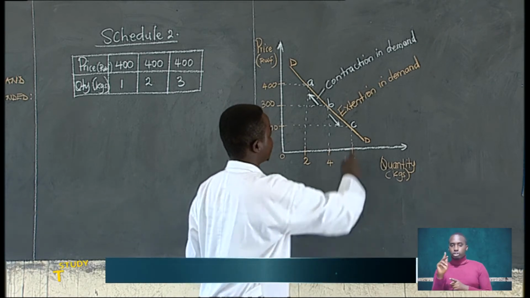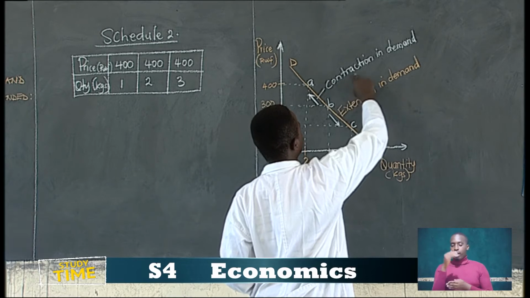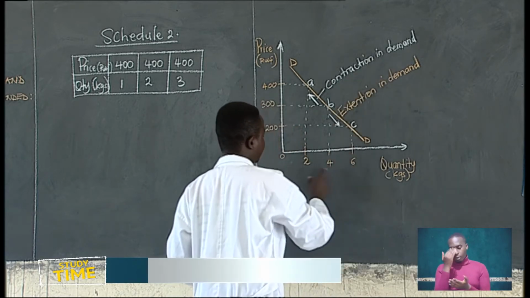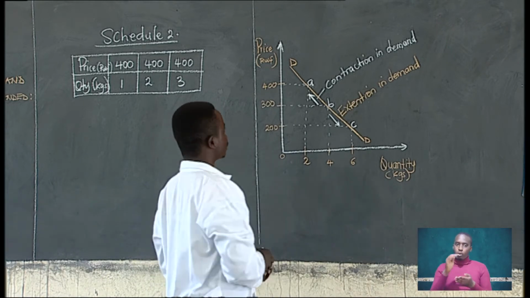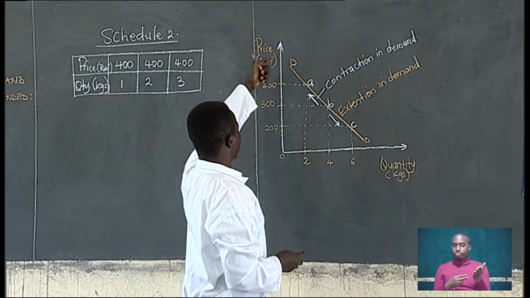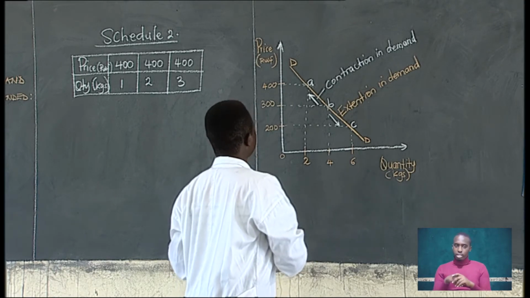Here there is a contraction in demand because quantity demanded responded to the price increase by reducing. So this illustrates a change in quantity demanded.